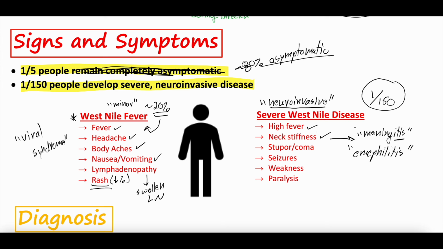So you get neck stiffness, neck pain, neck rigidity. You can get stupor or coma, so altered mental status. Coma, you can get seizures, weakness, arm, leg, both, neither. And it can go so far as paralysis. You can get deep coma with paralysis. And there's a fair amount of mortality with this. Patients get really, really sick, and they can have permanent neurodeficits. They can even die from this disease.